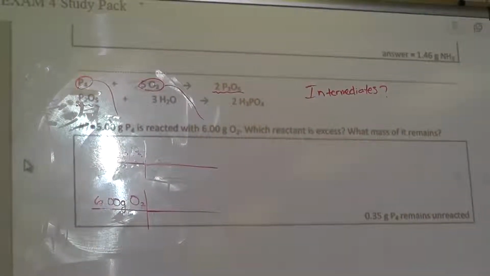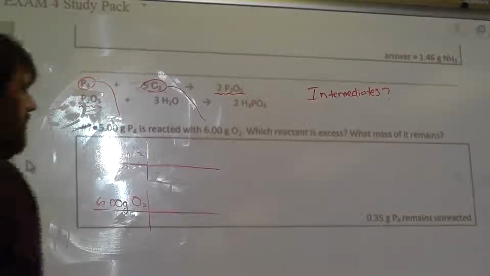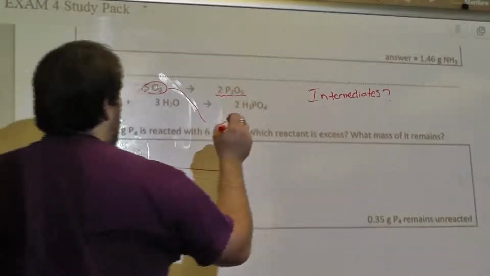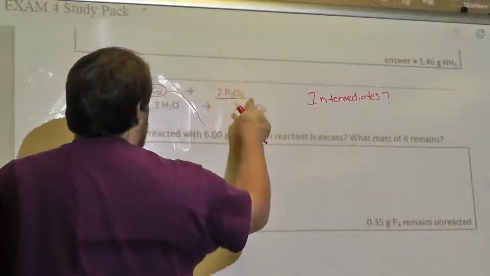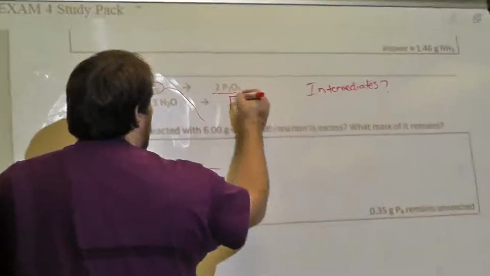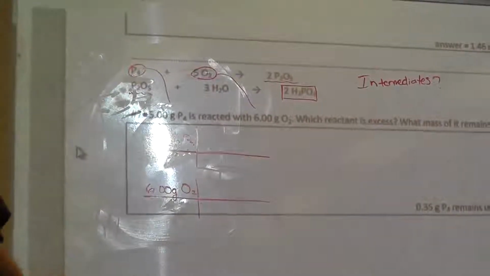Our product that we're going to be ending up with for this one is going to be our P2O5. Oh, I'm sorry, it's going to be our phosphoric acid. So we're going to have to go through both of the equations here.